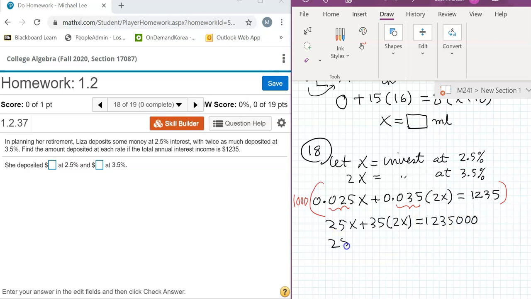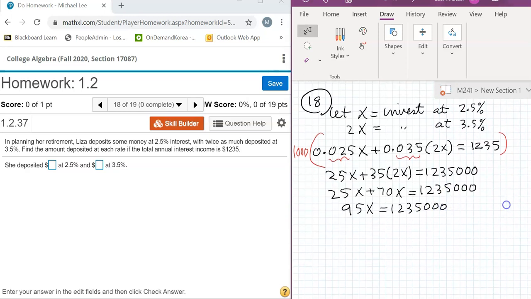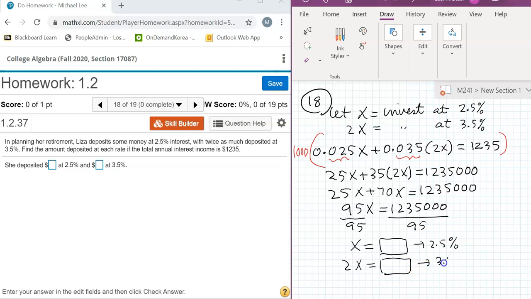So 25x plus 70x equal to 1235000. So this is 95x equal to 1235000. To find x, you simply divide by 95. So you get the x amount, which is the 2.5% investment, and 2x is the 3.5% investment. Okay, so that is 18.